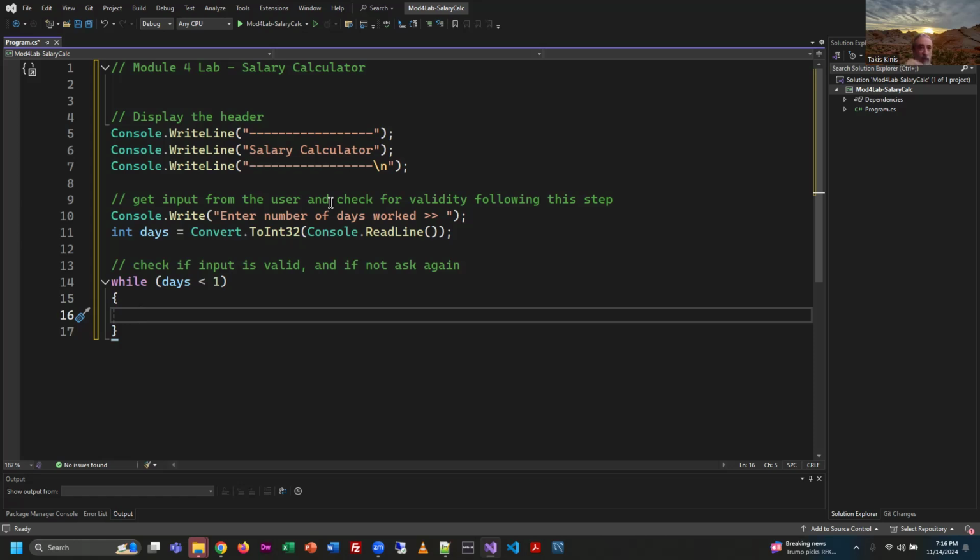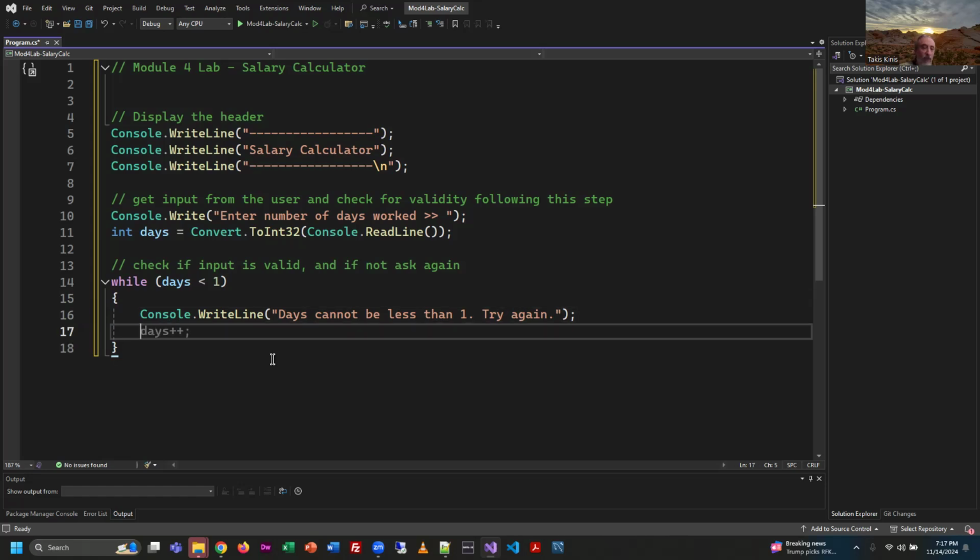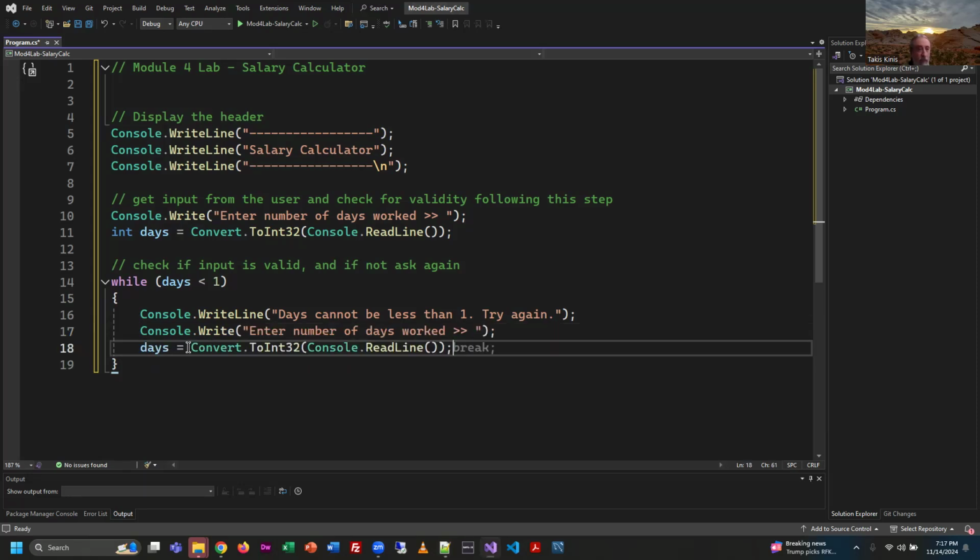Right. So that's put in your head. So now what are we going to prompt them to say? Well, first we should give them an error message, right? There's my error message. You can say whatever you want for the error, just as long as they're aware, right? And then we're just going to use the same statement from above as input, but we don't need to redeclare days.